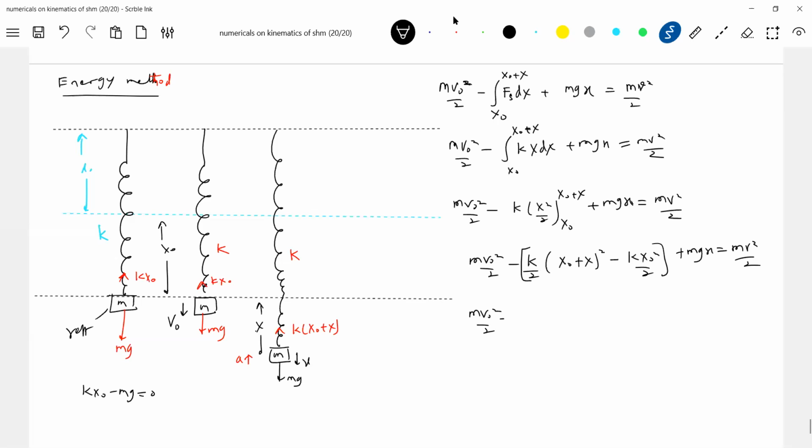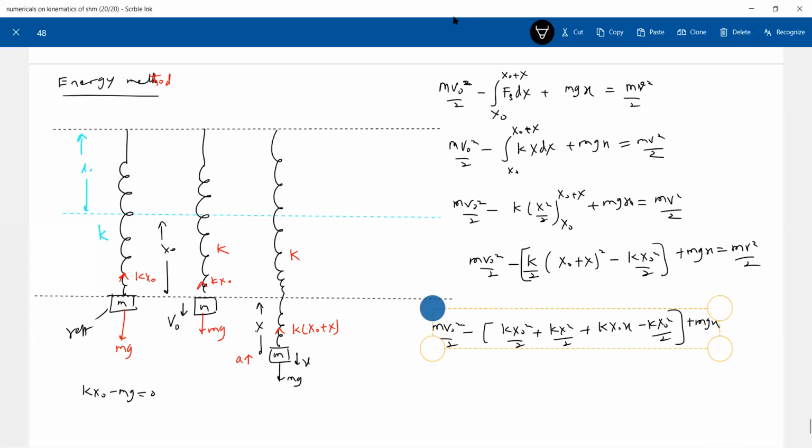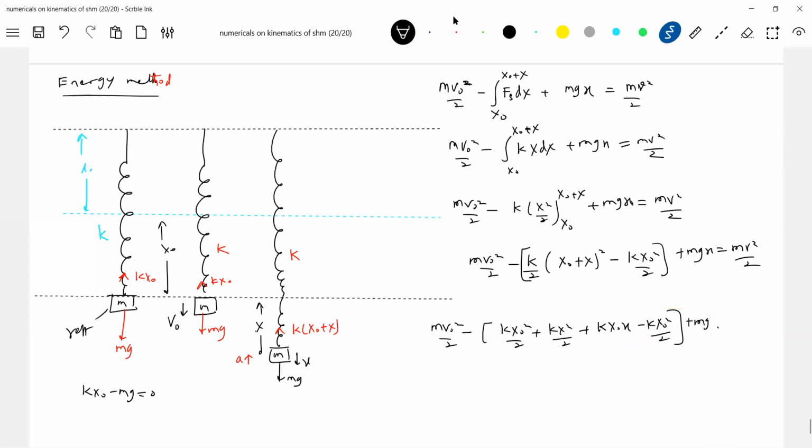So the further expansion of this will be k x naught square by 2, k x square by 2, k x naught x. This is a bracket term, plus mgx. Books, it's not available, so let me give it in detail, as it's going to help us a lot. Every problem we need not do like this.